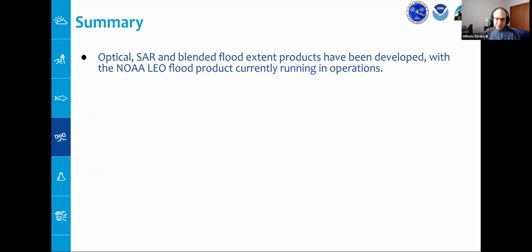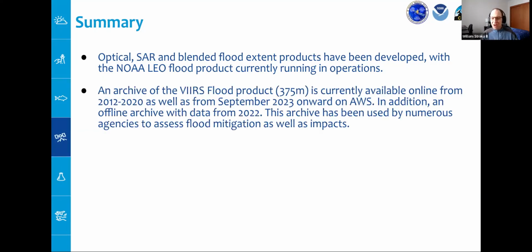So in summary, optical, SAR, and blended flood extent products have been developed, with the NOAA LEO flood product currently running in operations. There's an archive of the native resolution 375 meter VIIRS product, which is currently available on AWS, as well as in an offline archive.